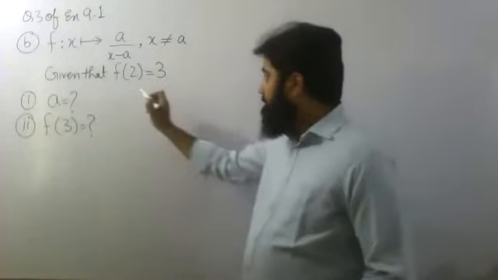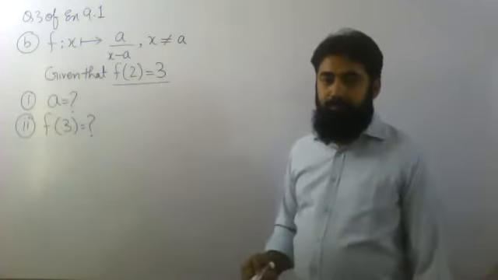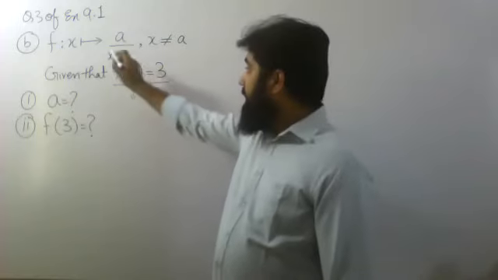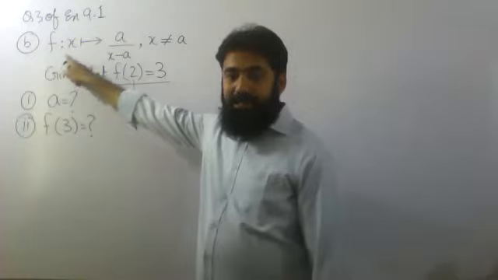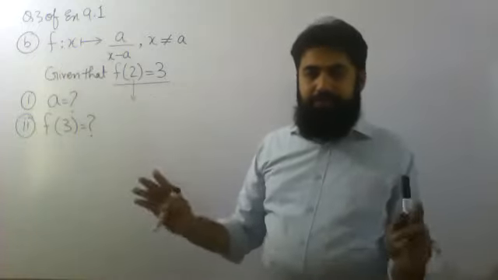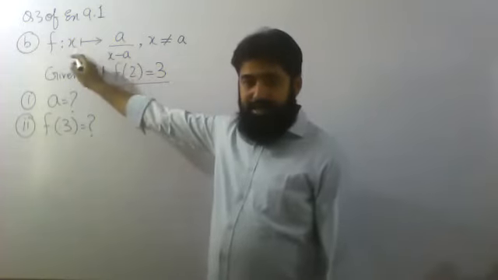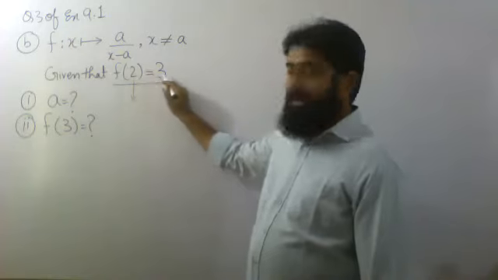So if it is given like this, originally x is written over here. Either writing it like this or like this, it doesn't make any difference, it's the same thing. Originally it is x written over here, but now they have replaced it like this.